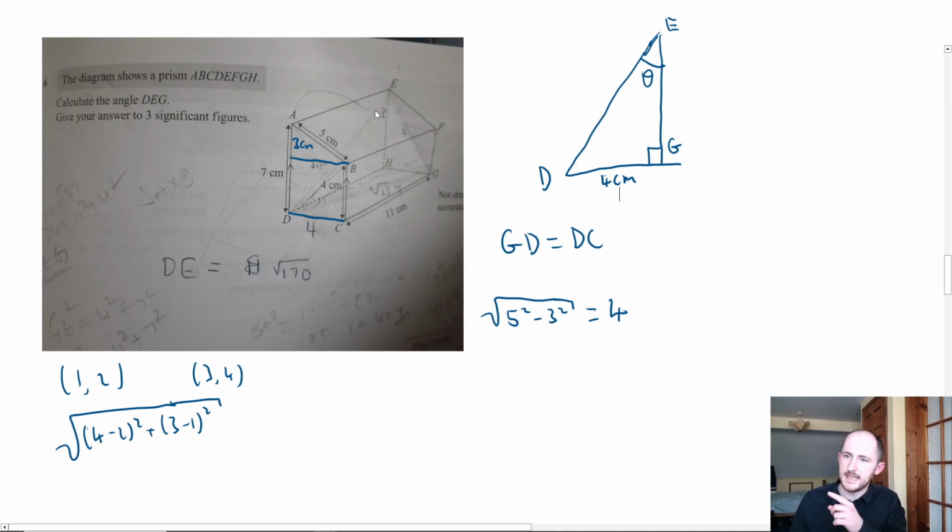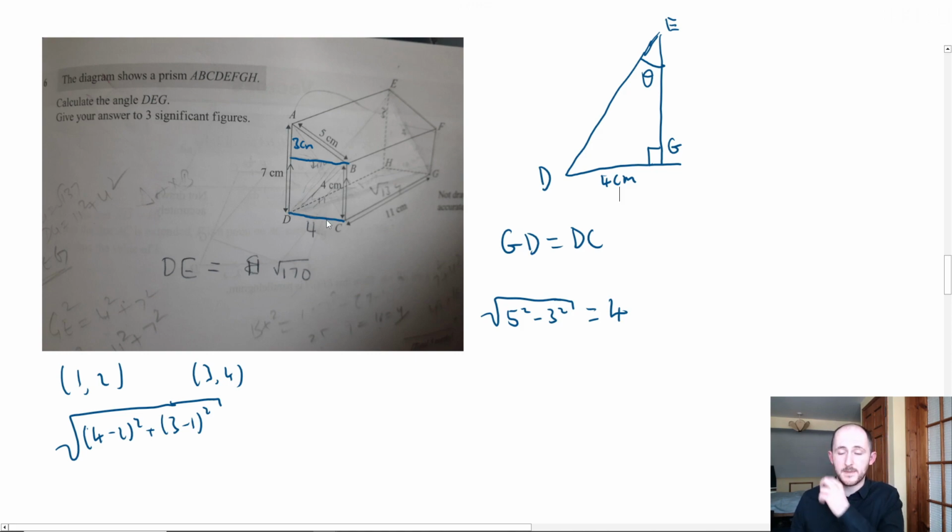So DE is the long side here, GD would be the same as that. I wrote that a bit wonky. So if I look at the triangle, the width of that base of the triangle is GH, so theta, GH, which is the same as this.